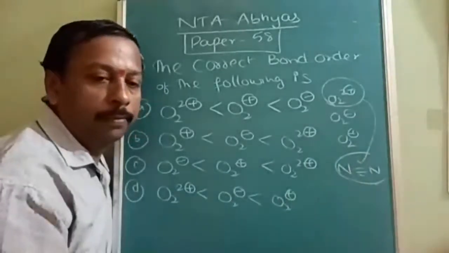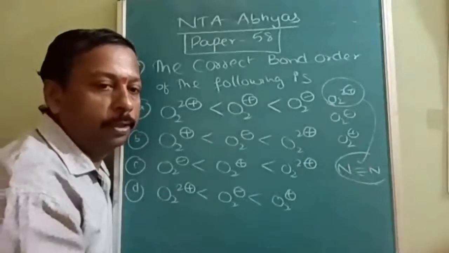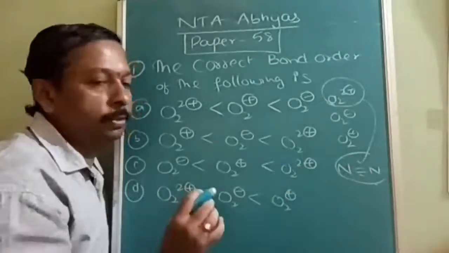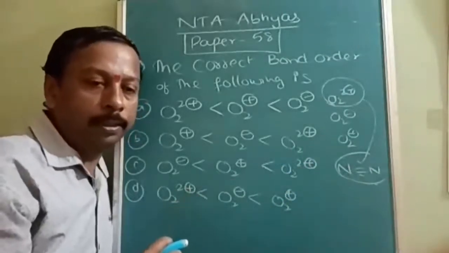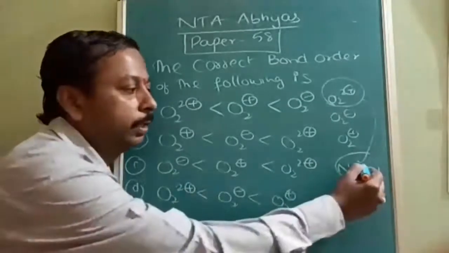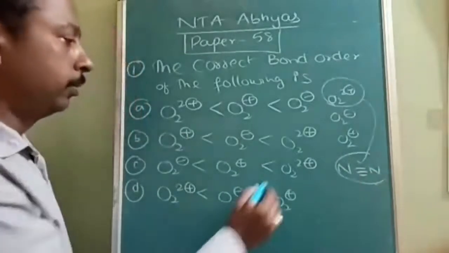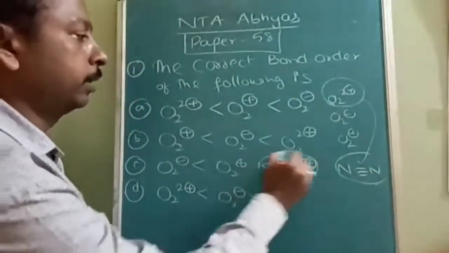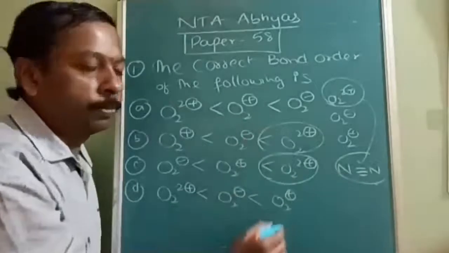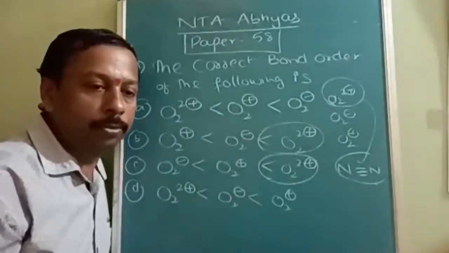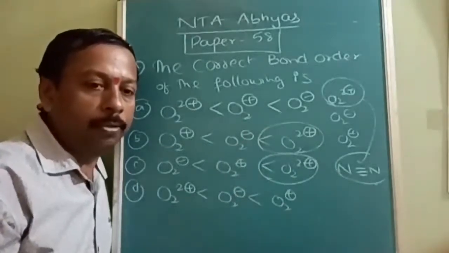Between the nitrogen, you can find a triple bond. The highest bond order possible is 3 only, and it is in nitrogen. So either this can be correct or this can be correct. Like that, use option verification so that you can reduce the time.